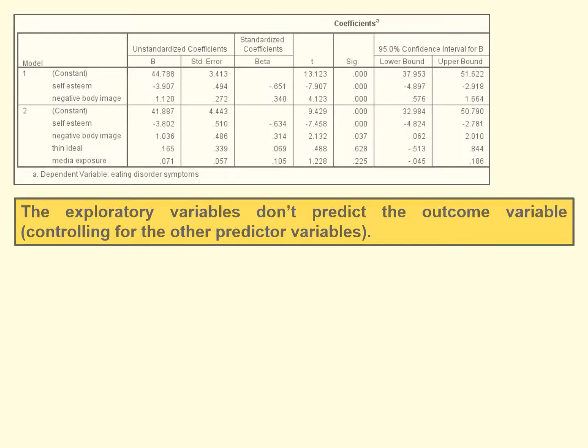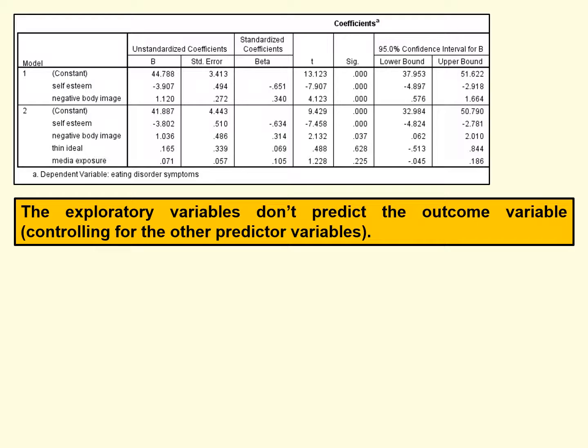Now if we move on and take a look at some of the coefficients for our two augmented models, we can see that the values for the regression coefficients for thin ideal and media exposure, our two secondary importance variables, are relatively small.